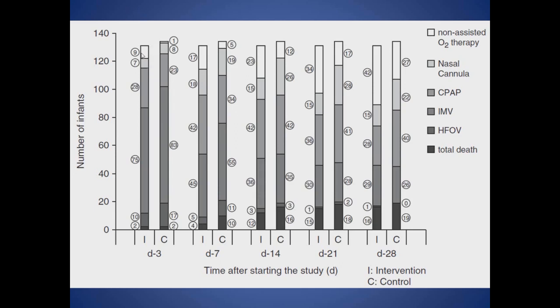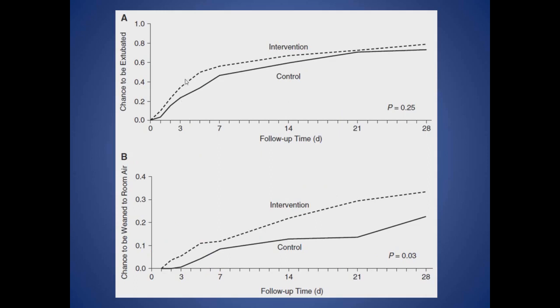In other words, those open columns are the babies who did not receive any assisted ventilation, CPAP, or anything. And as the time goes on, you can see in the intervention and control group, from day 3, day 7, up to 28, the open column becomes bigger in the intervention group.